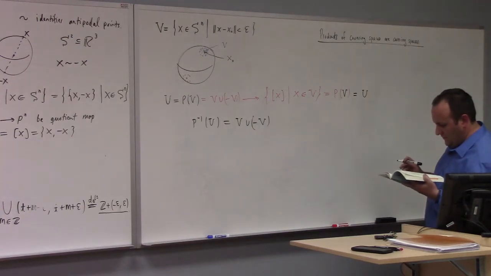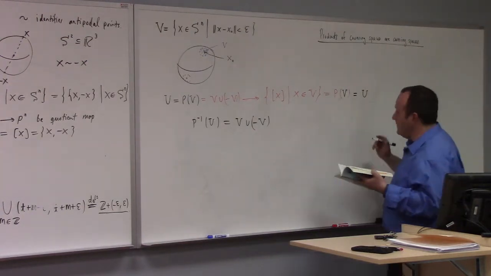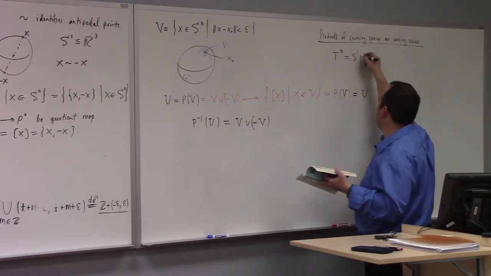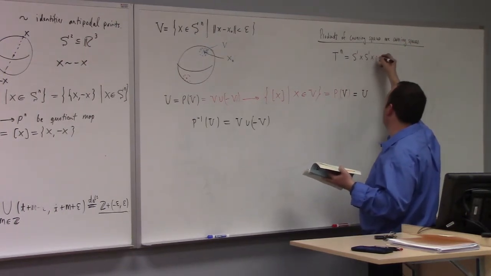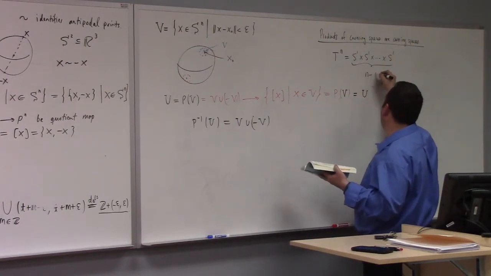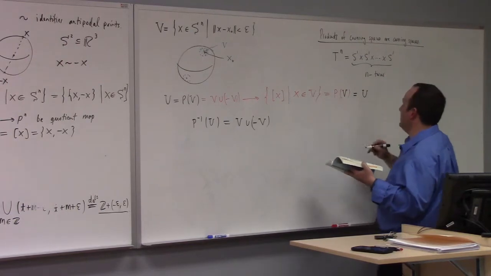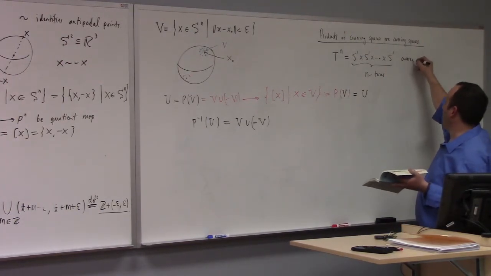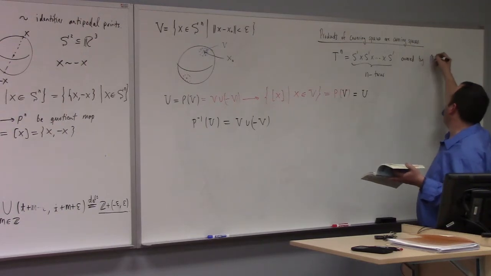So he points out, if we look at, for example, Tn, which is the circle, Cartesian product with the circle, Cartesian product with the circle, n-fold times, the so-called n-torus, right? This is covered by Rn.